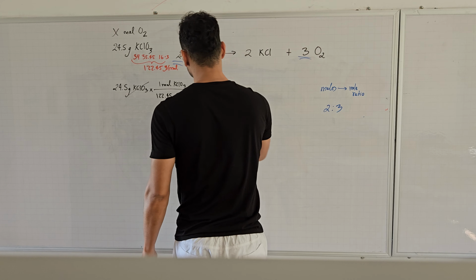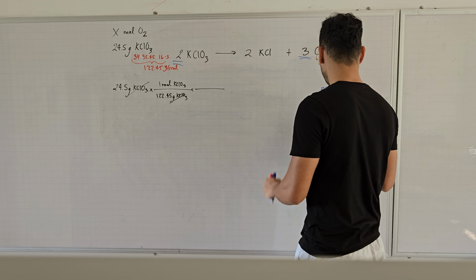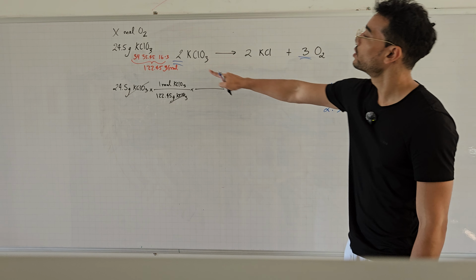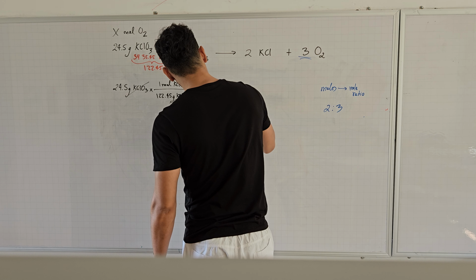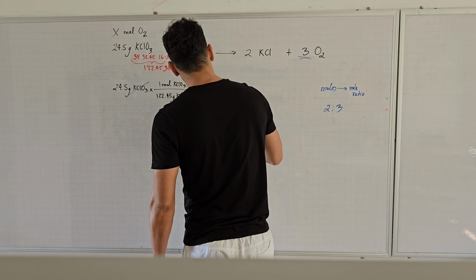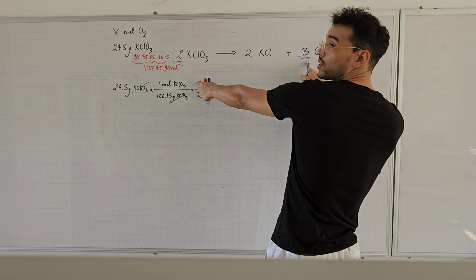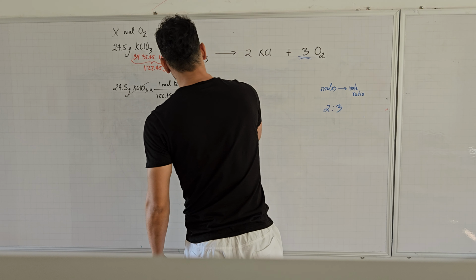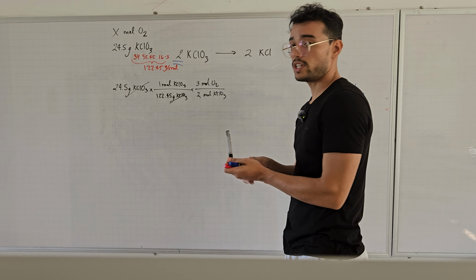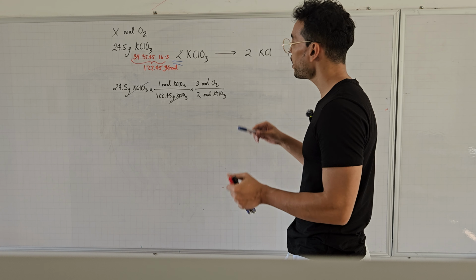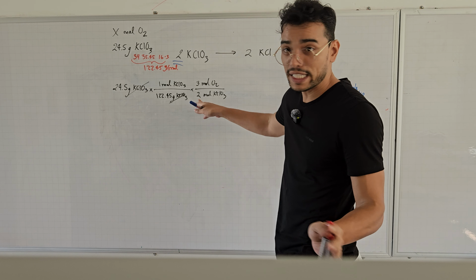Then the mole ratio. What is the mole ratio? Every 2 moles of potassium chloride produces 3 moles of oxygen. So 3 moles of oxygen. But teacher, how do I know what numbers to use in this ratio?